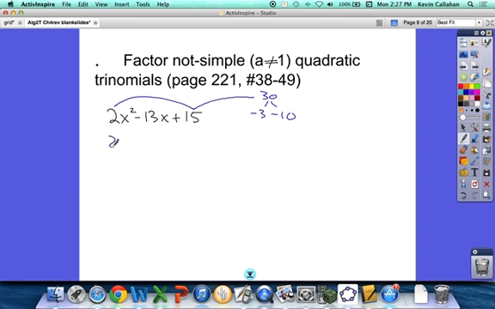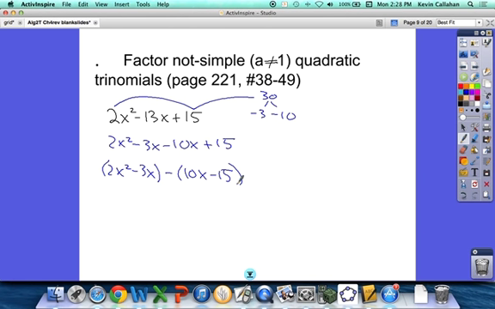So that is 2x squared minus 3x minus 10x plus 15. Right? I grouped the first 2 terms. I grouped the last 2 terms. Why did I switch the sign of 15?